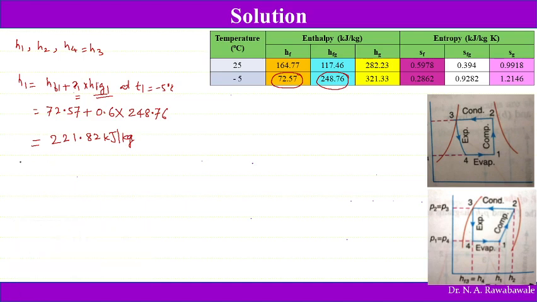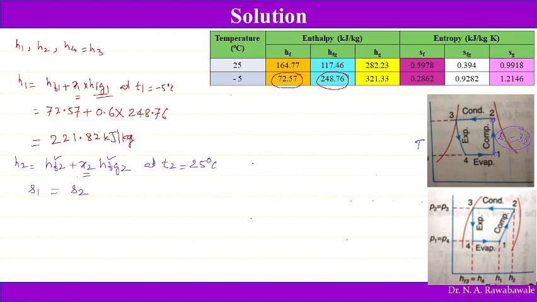So this is H1. To find out H2, the formula is HF2 plus X2 HFG2 at temperature T2 equal to 25 degrees Celsius. Here we know HF2, we know HFG2, we don't know X2. So equating entropy at point 1 equal to entropy at point 2, because the process 1 to 2 is an adiabatic or isentropic process. So entropy remains constant, that is S1 equals S2.